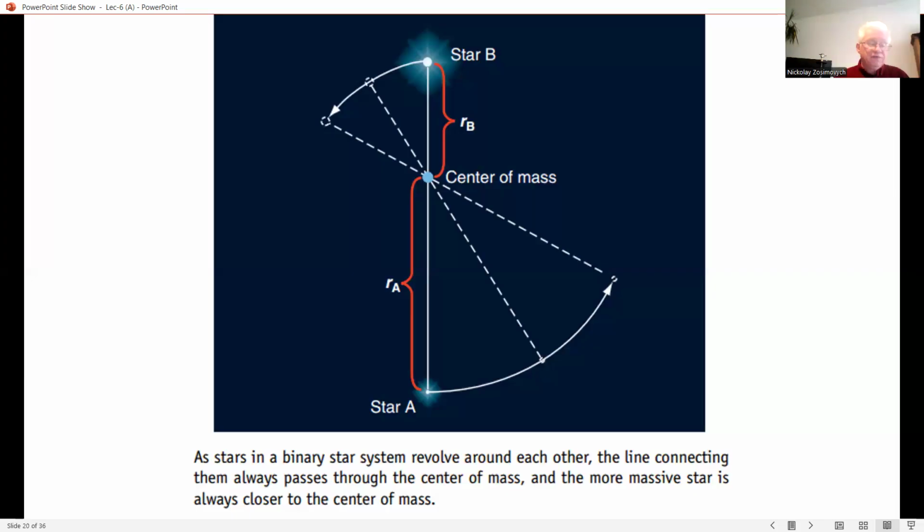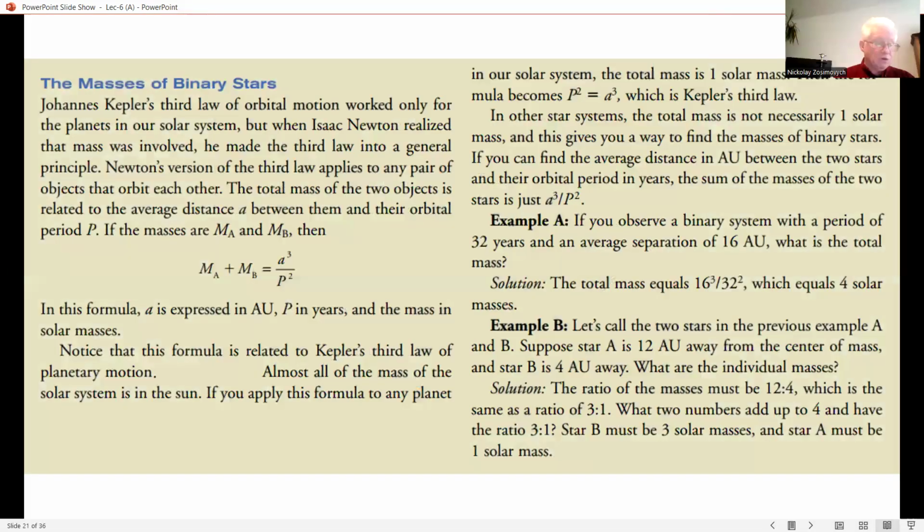That takes further analysis. To find the mass of a binary star system, you must know the size of the orbits and the orbital period, the length of time the stars take to complete one orbit. The smaller the orbits are, and the shorter the orbital period is, the stronger the stars' gravity must be to hold each other in orbit.